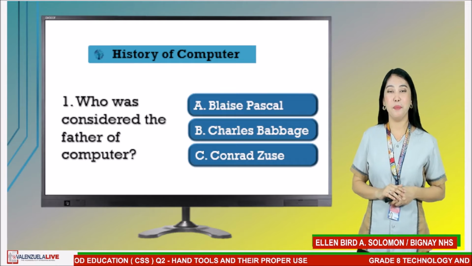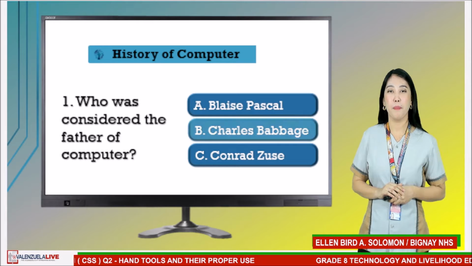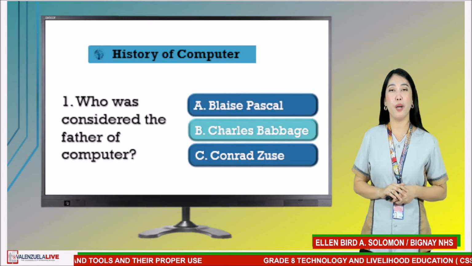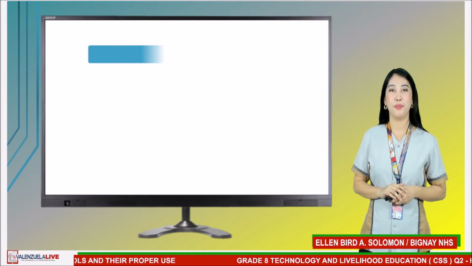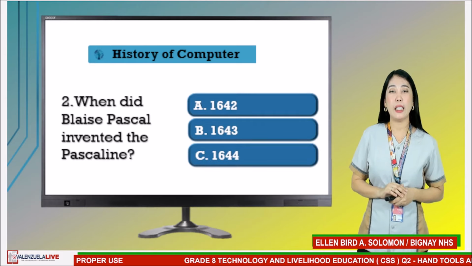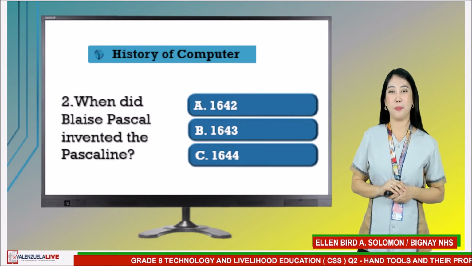Time is up. So the correct answer is letter B. You are correct. Let's have number 2. For number 2, when did Blaise Pascal invent the Pascaline?